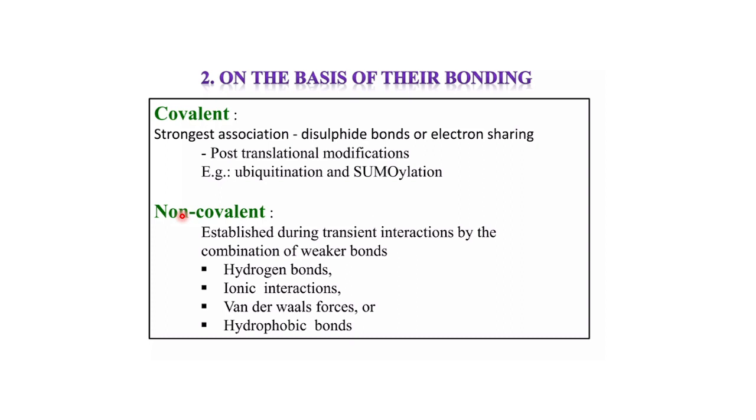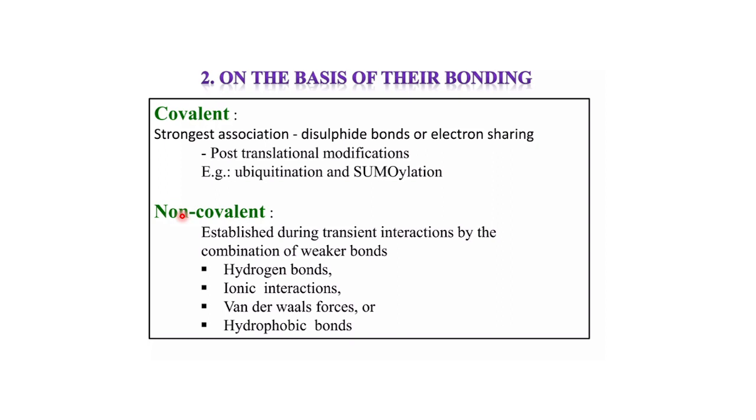If it's a covalent type of bonding, then it's the strongest association. That is, it can be the type of disulfide bonds or electron sharing. Like you observe for the post-translational modifications, you have ubiquitinylation and sumoylation.